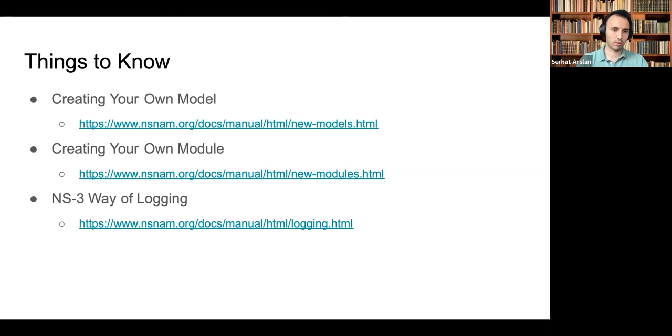I will talk about what modules are in NS3 in the next slide. But let's talk about what does creating my own model mean. For example, TCP is a model of a layer for communication, right?